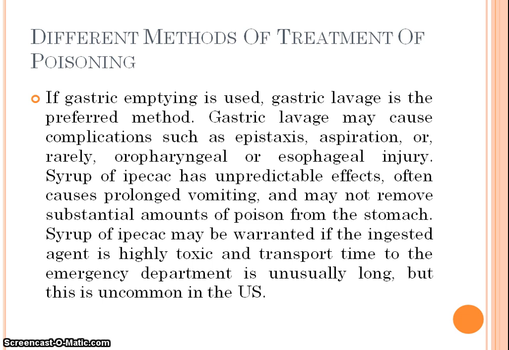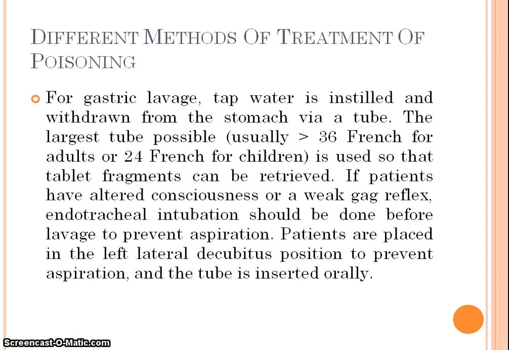Syrup of ipecac may be warranted if the ingested agent is highly toxic and transport time to the emergency department is long, but this is uncommon in countries like the US.